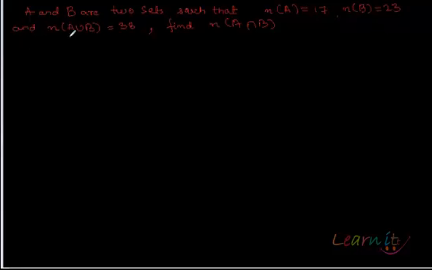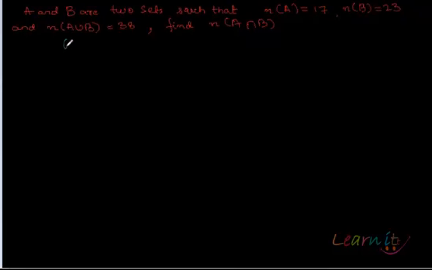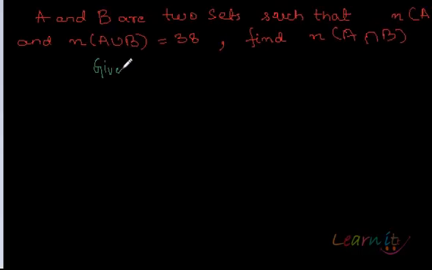Okay, let's look at this question. In the question, we are given that A and B are any two sets such that the number of elements in A is 17, the number of elements in B is 23, and we're also given the number of elements in the union of the two sets is 38.